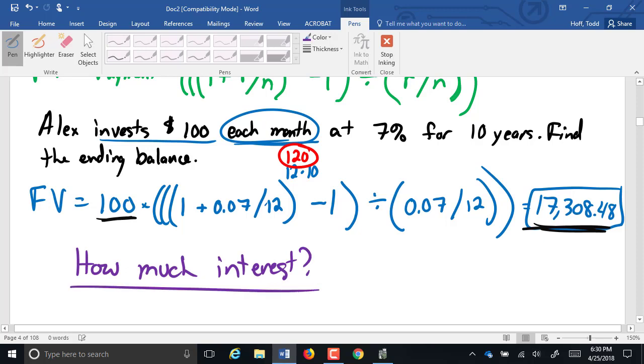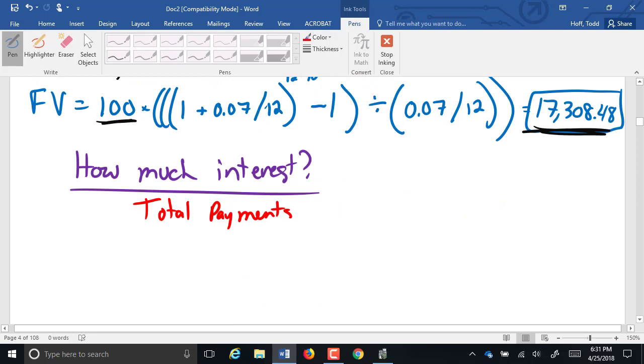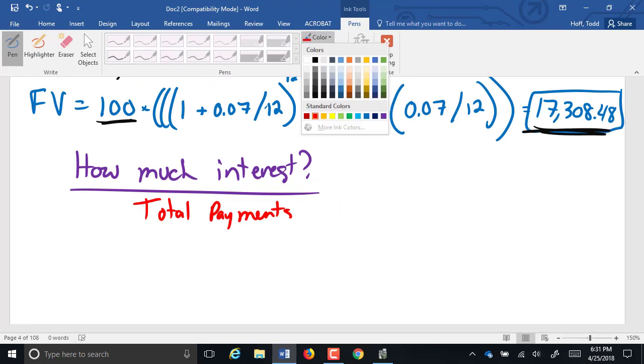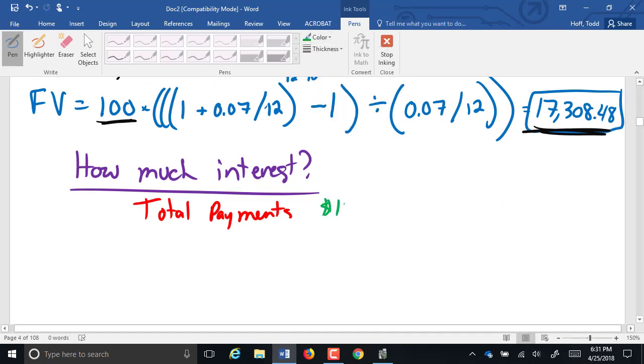Well, to figure out how much interest, we need to know the total payments. Total payments was $100 a month for how many months? 120. That is $12,000 in payments, right?